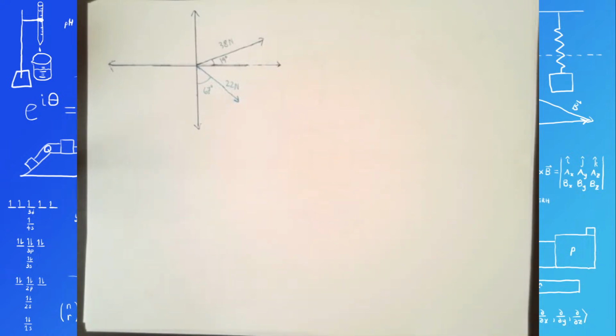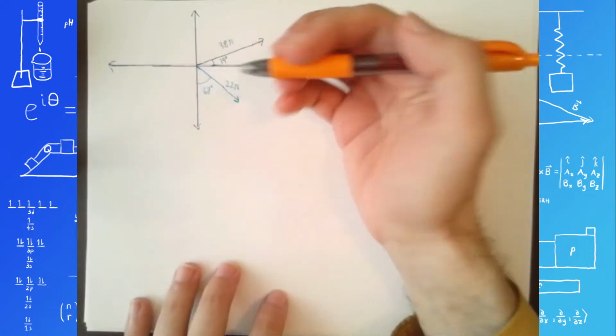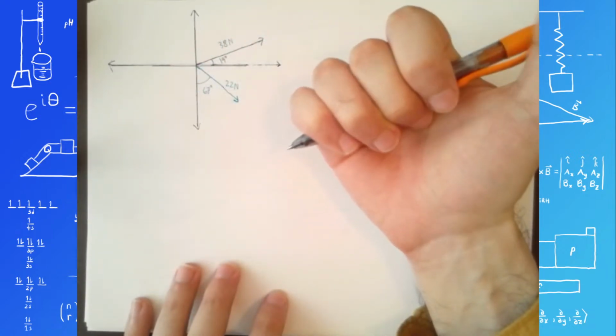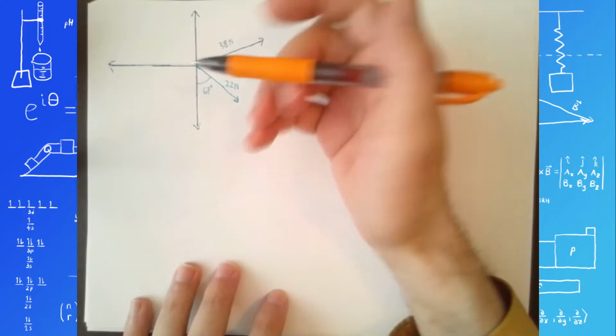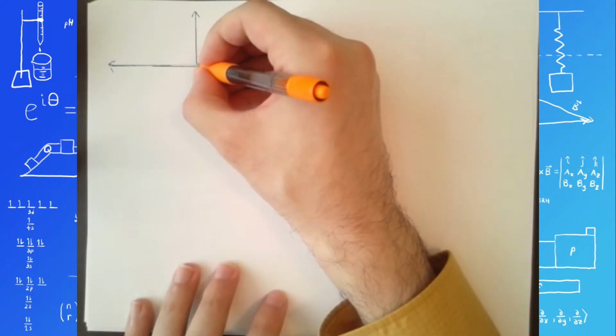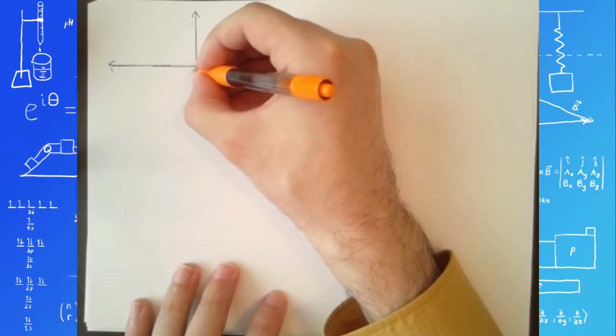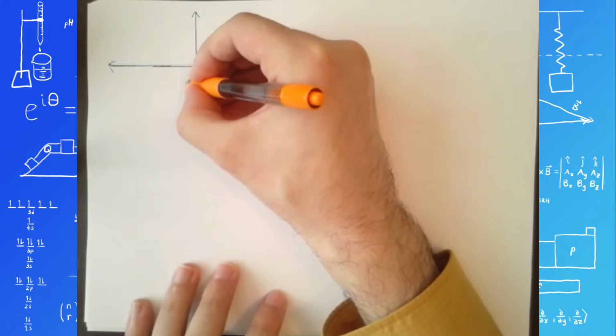we're committed. And then we've got 30 newtons at 49 degrees with the negative x-axis. So 49 degrees, that's a little more than 45 degrees, so almost halfway. So halfway would be something like that. So a little bit higher, say something like this.